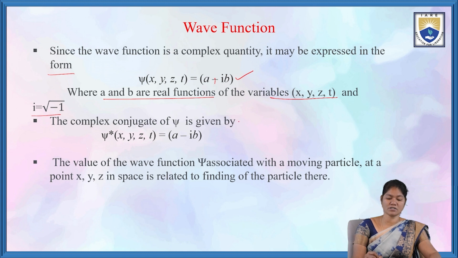The complex conjugate of the wave function psi is given by psi star of x, y, z, t equals a minus ib.